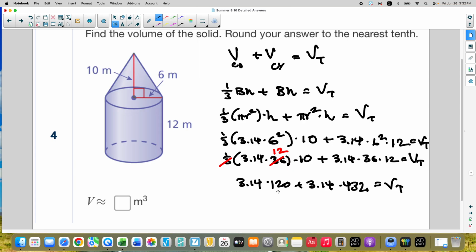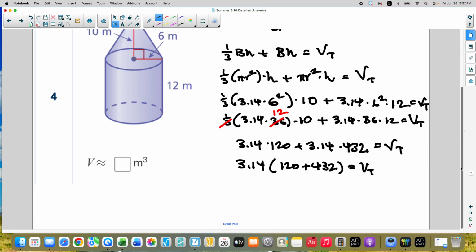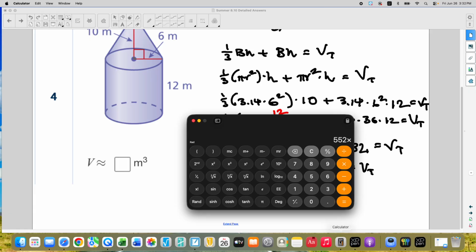We can pull out the 3.14 and you get 120 plus 432, and 3.14 times 552, and we can multiply those. 552 times 3.14.